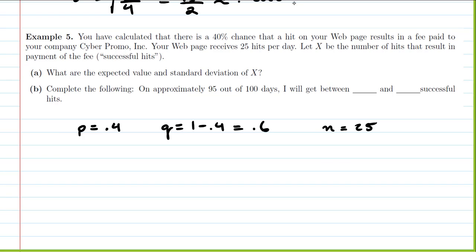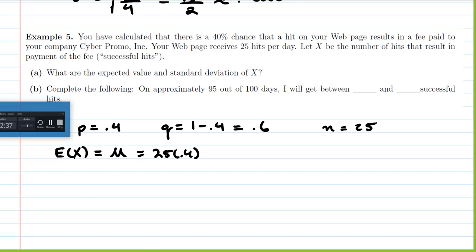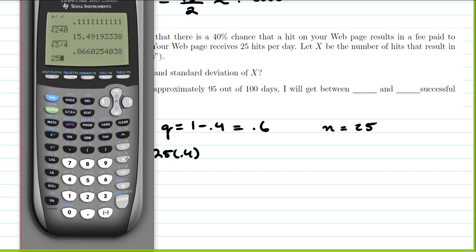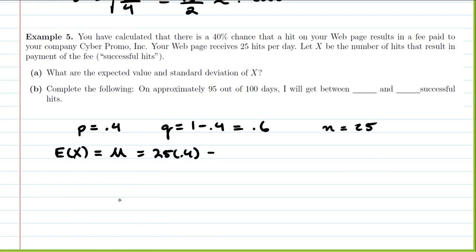So what would be our expected value? Our expected value is going to be N times P. So 25 times 0.4 gives us 10. And so then what would our standard deviation be?